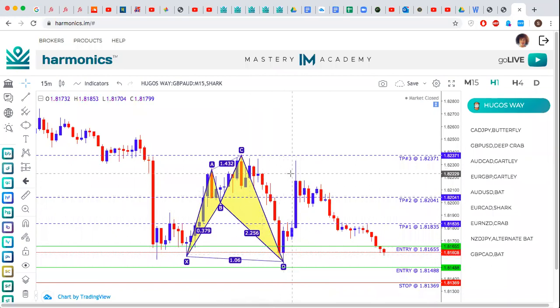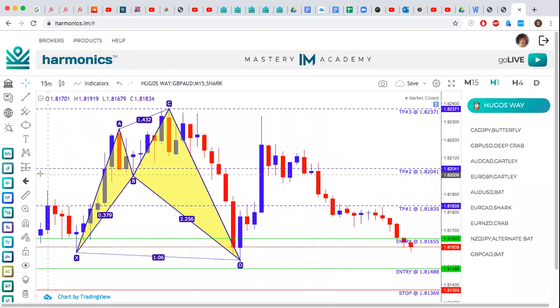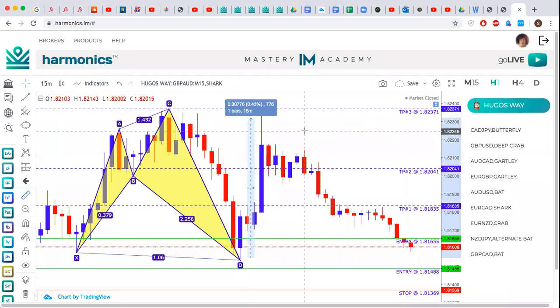A harmonic can be a switch of trend, or it can catch the retracement. In this case, from our entry, TP1 was about 18 pips and TP2 was about 40 pips. And you had a total of about an 80 pip retracement, and then it continues down because of the overall downtrend if you look at the bigger picture.